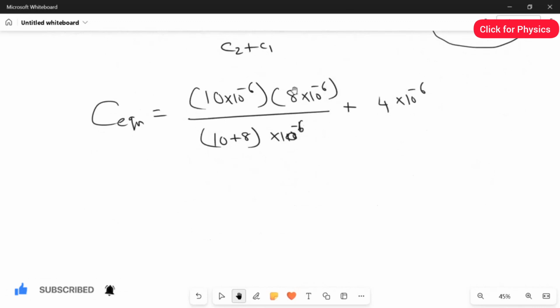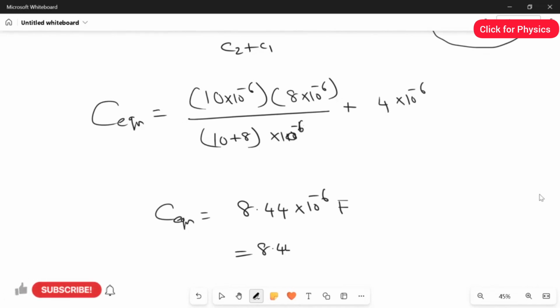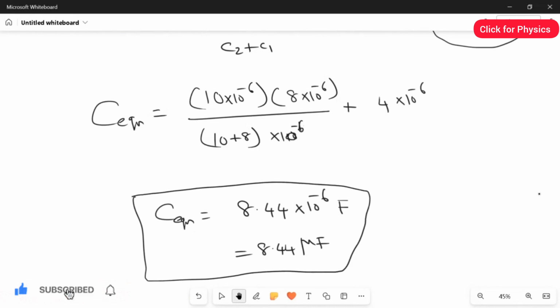Once you work out this part, you will get the final answer for the C equivalent of the three capacitor arrangement as 8.44 multiplied by 10 to the power minus 6 farad. That means 8.44 microfarad. So this is the answer for this question.